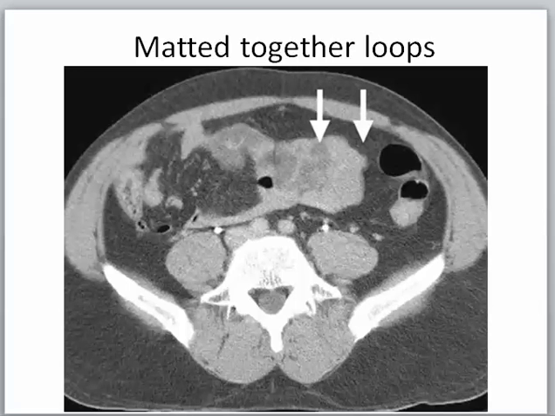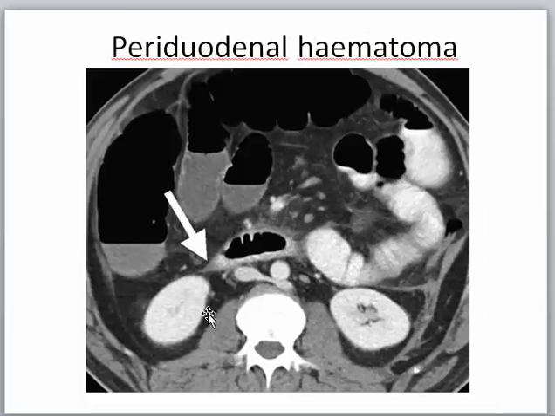So the presence of blood around loops should raise the possibility of small intestinal or loop injury. Here we get small collection, triangular again, near to the duodenum, last part of duodenum, and this is a hematoma.